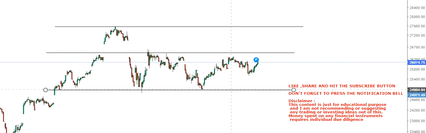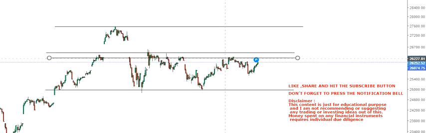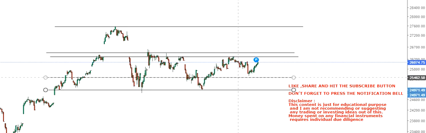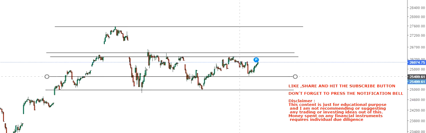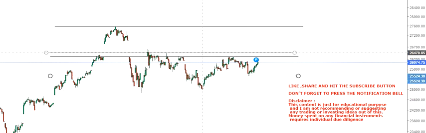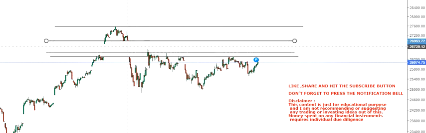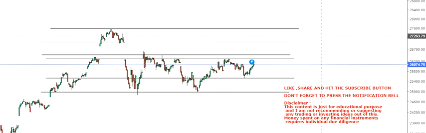If you just make some adjustment and try to find out the support and resistance level, it is pretty much clear. On the upside, because this is a gap down, probably in the future it could try to match up the gap, and you can call it a resistance level in the short term.